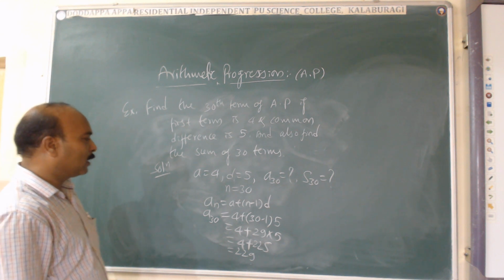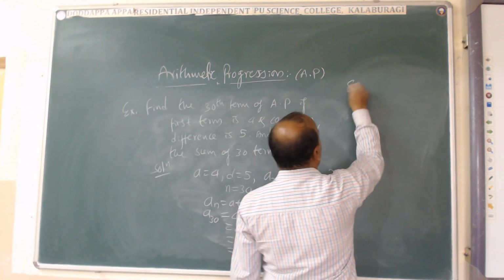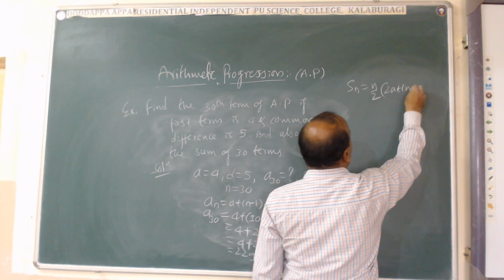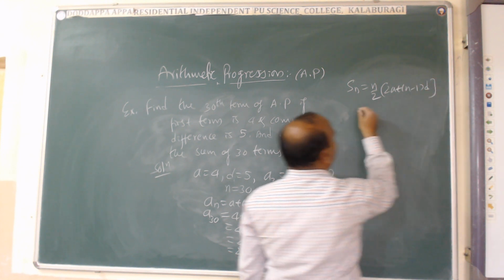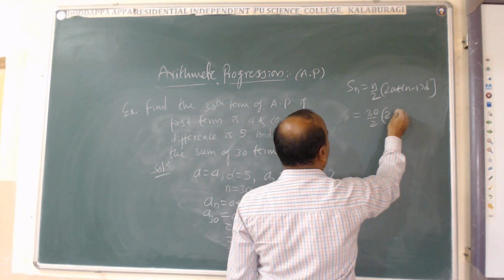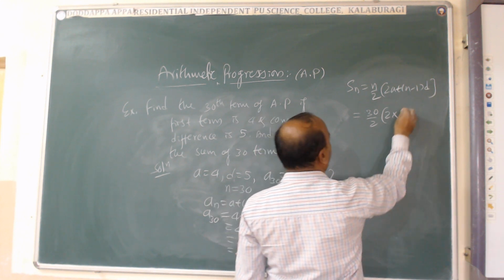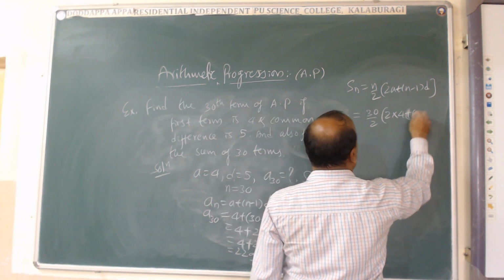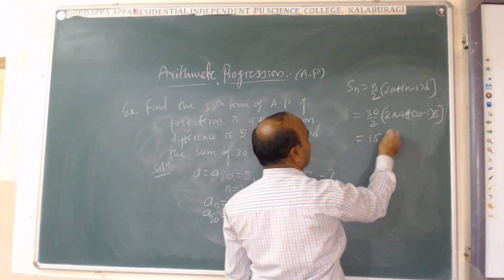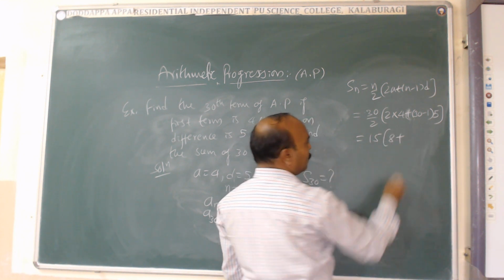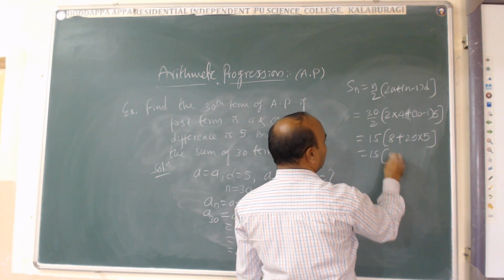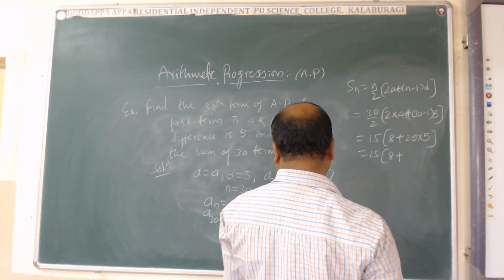Now we go for S30. For that you can use the Sn formula. Sn equal to n by 2 into 2a plus n minus 1 into d. So n is here 30 by 2, a value given, it is 4, plus 30 minus 1, d value is 5. Now it is 15 into 8 plus 29 into 5.